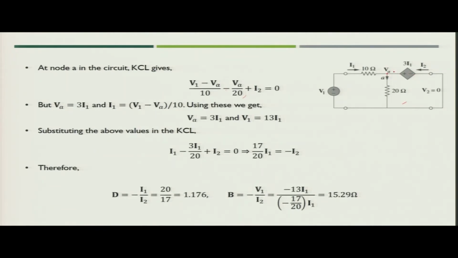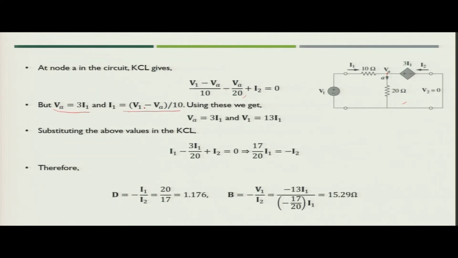So, you can write VA equal to 3 I1, and from the earlier section we have already seen that I1 is nothing but V1 minus VA upon 10.